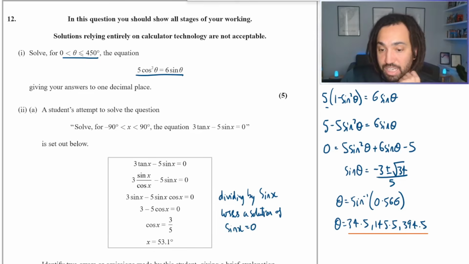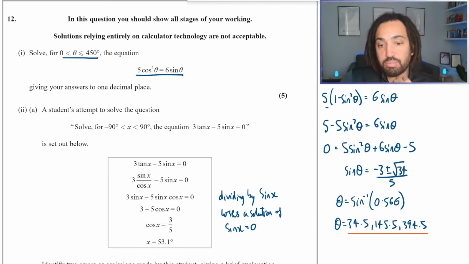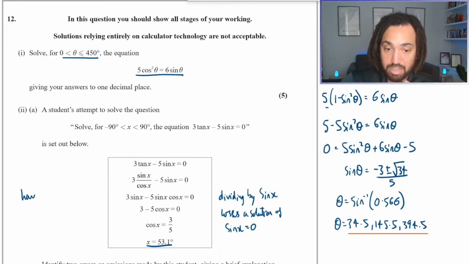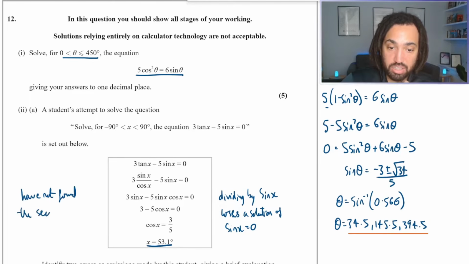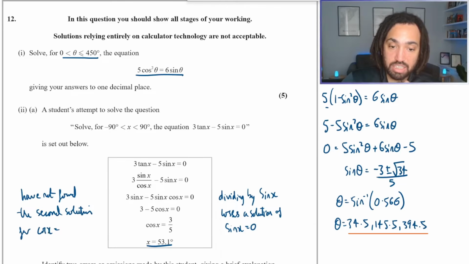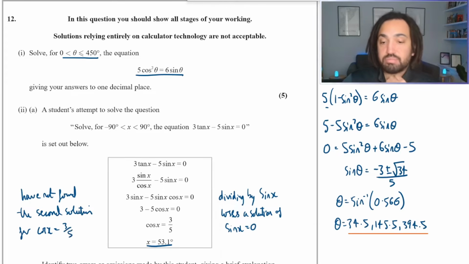And then finally, this part here, they haven't found the second solution. So they have not found the second solution for cos x equals 3 over 5.